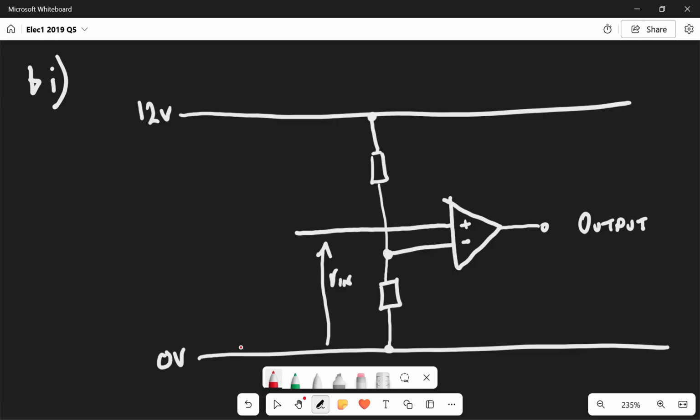And if it's a dark sensing circuit, then the resistor needs to be above the LDR. So we're going to have our LDR at the bottom, our resistor at the top. Let's just give that R. And the attachment to the non-inverting input is going to be in the middle.